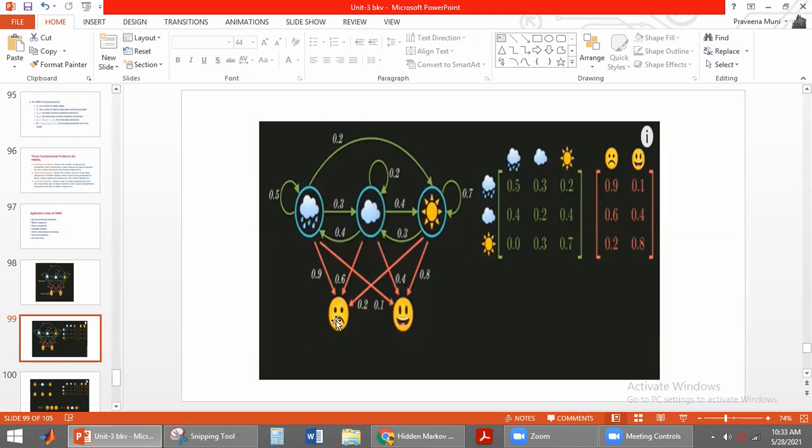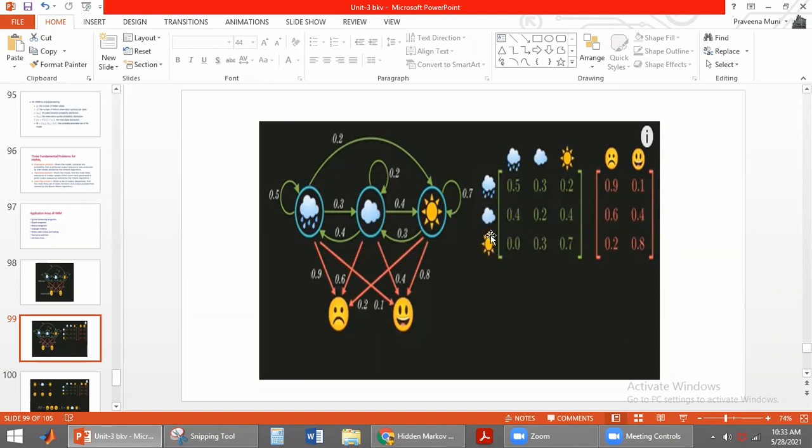The particular person's mood depends on the weather. Here you see the weather conditions: rainy, foggy, sunny. When it is raining, the probability that the person is sad is 0.9. If it is foggy, the probability that the person is sad is 0.6.